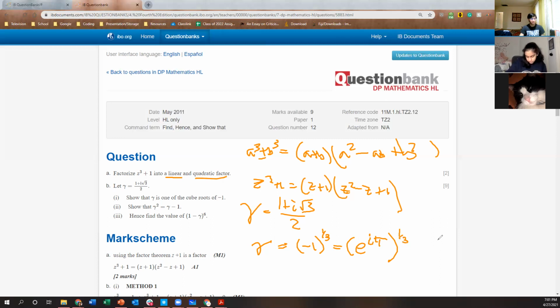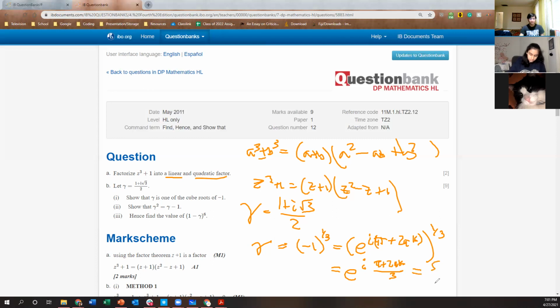But it says one of the cube roots, so I have to write e to the i pi plus 2 pi k, to the 1/3 power. I'm taking the cube root. Make sure you specify that. Then you'll end up with e to the i times pi plus 2 pi k on 3. And then once you do that, you can turn this back into rectangular form.